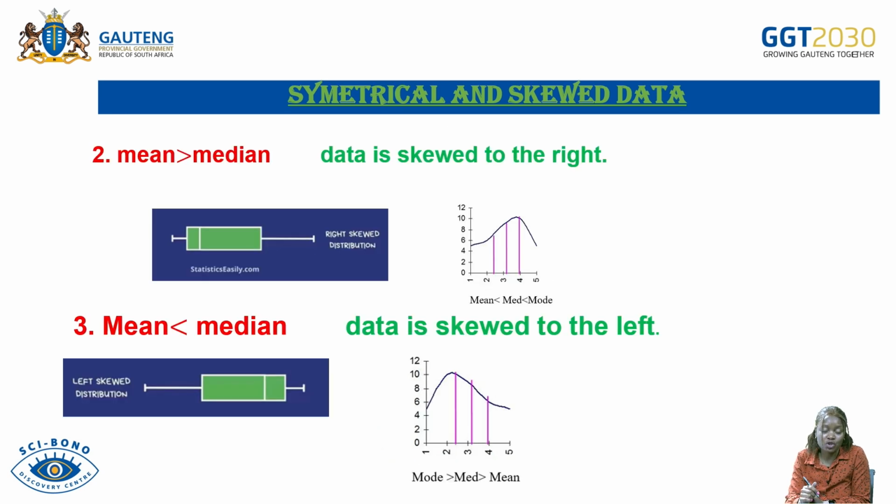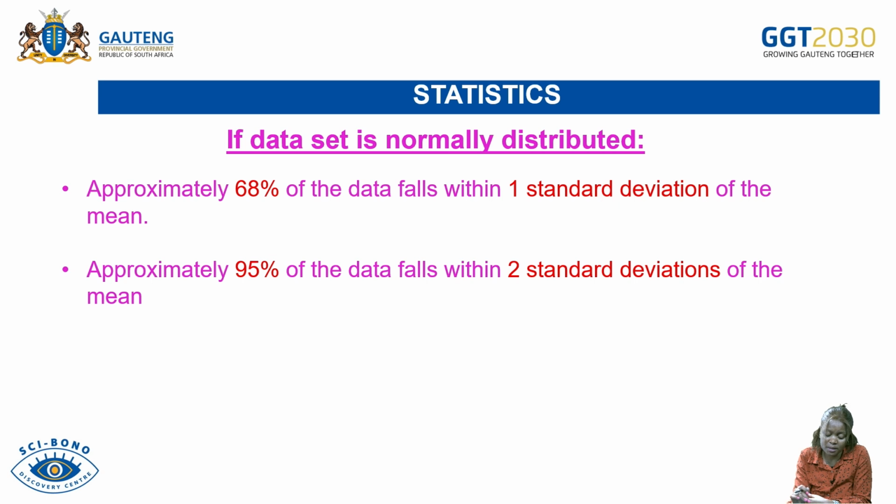Number 2, if your mean is greater than the median, if your mean is bigger than your median, then your data has been skewed to the right. Again, if your mean is less than the median, if your mean is smaller than the median, then your data set will be skewed to the left. Please make sure that you remember those rules.